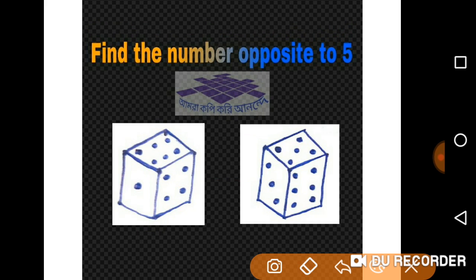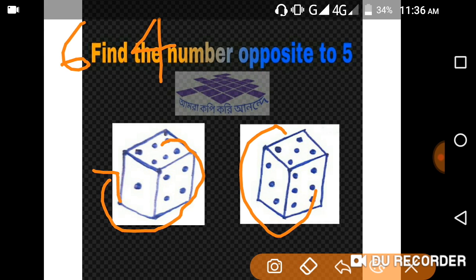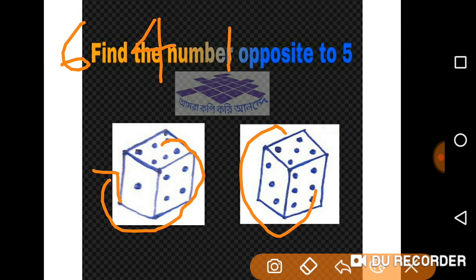See the common numbers. Common number is 6. 6 is here, 6 is here. Now you may go clockwise or anti-clockwise. From 6, then 4, then 1. In the other dice, 6, 3, 5. Now you have to note down 6, then 4, then 1 in the first case.